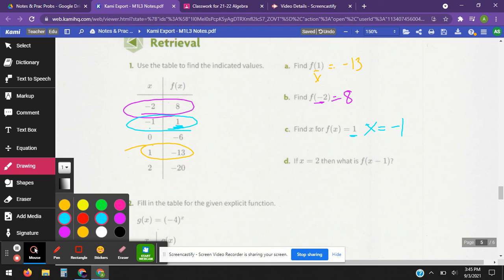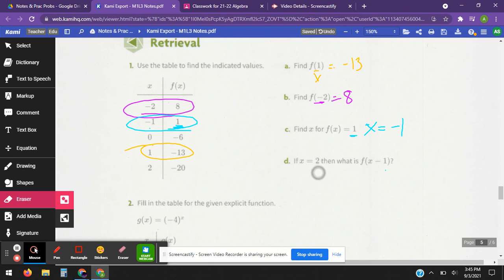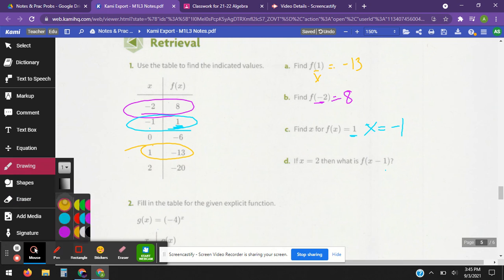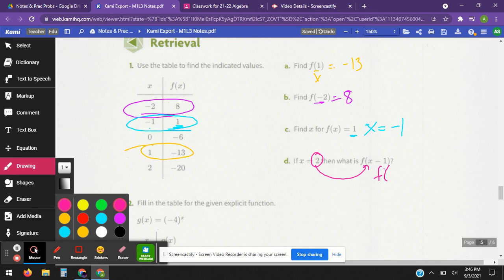So if x equals 2, then what is f of x minus 1? So I'm going to substitute 2 for x. So that means I'm looking for f of 2 minus 1, which 2 minus 1 is 1.